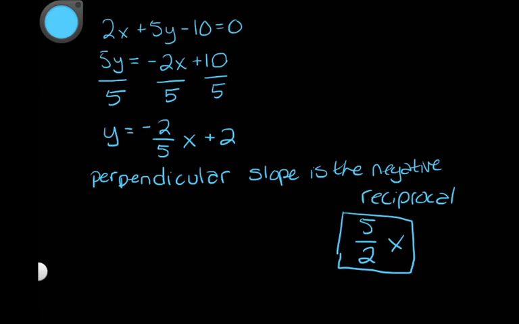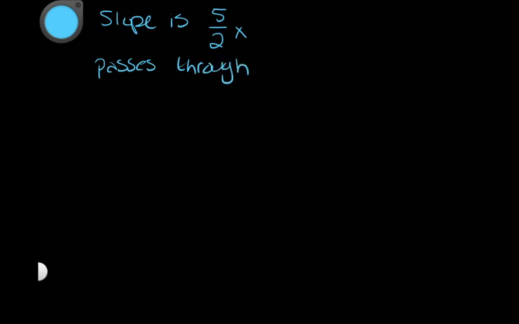So let's clear this. I already know that my slope is 5 over 2, and this line passes through (8, -1).